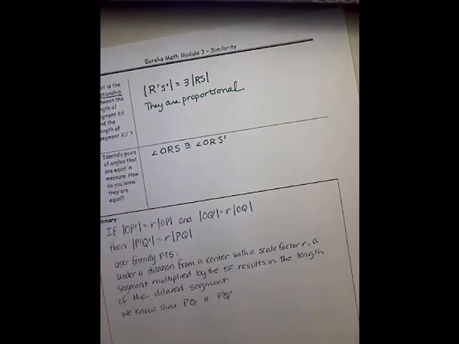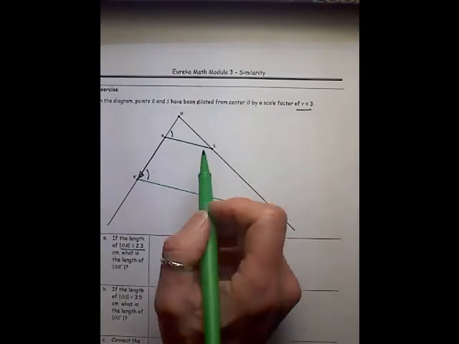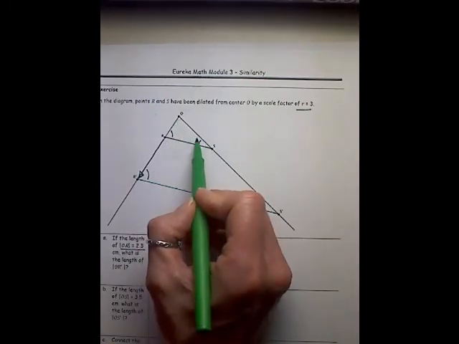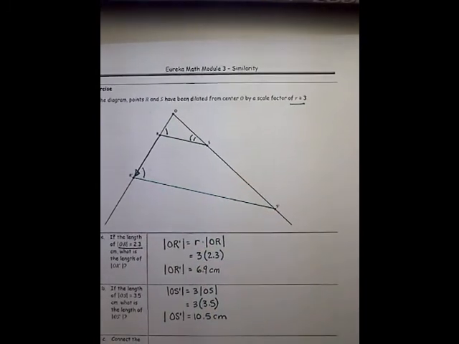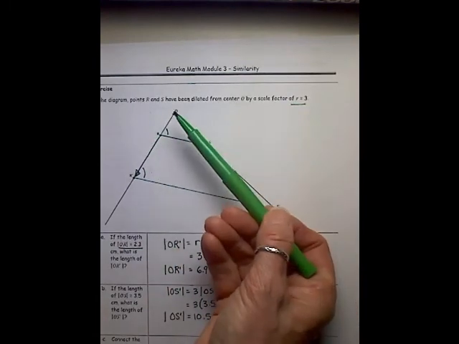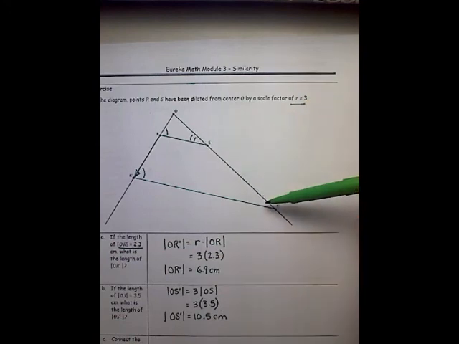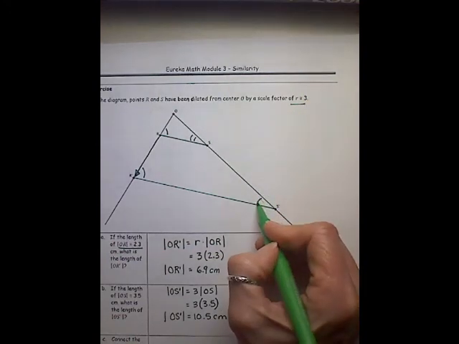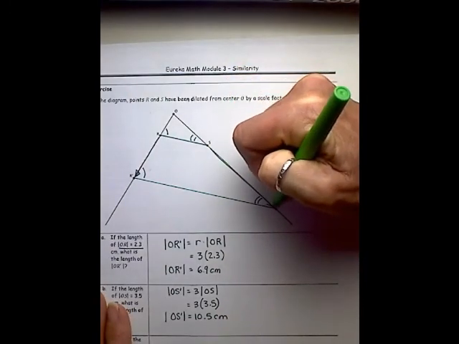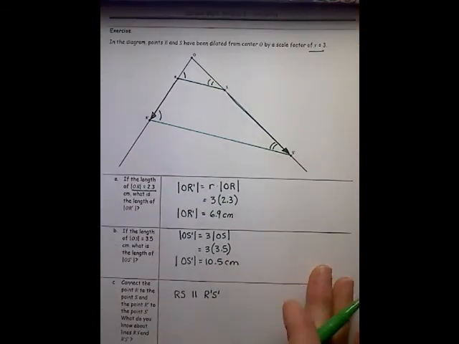So, is there another pair that you see that are equal? Well, how about this angle right here? OSR. What angle is it congruent to? Well, these are parallel lines cut by a transversal. So this angle could map onto this angle along vector S prime, proving congruence.